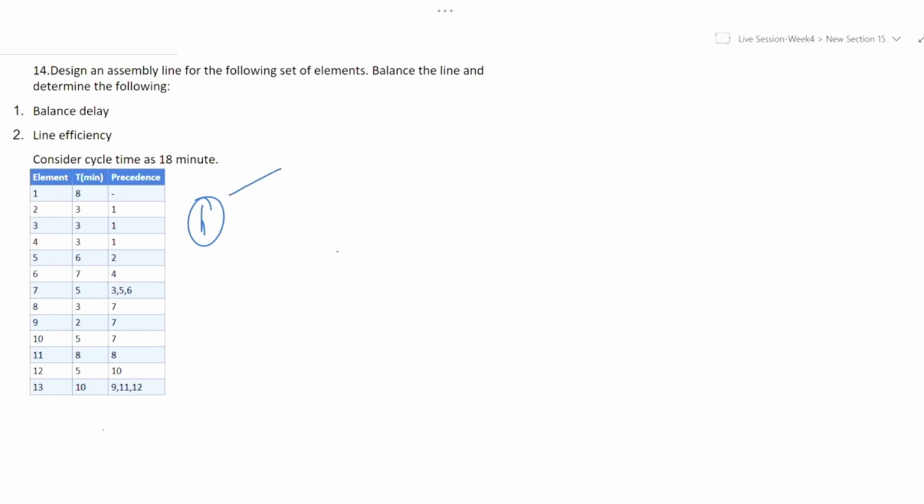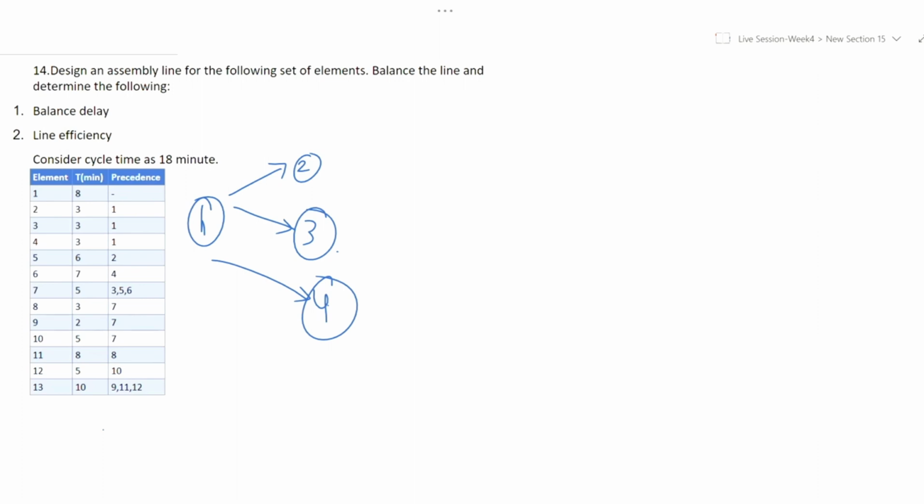So this will be the order, and the arrow mark will be towards this. Okay, so next is 2, 3, 4, we are done. Now element 5 is preceded by 2 and element 6 is preceded by 4.